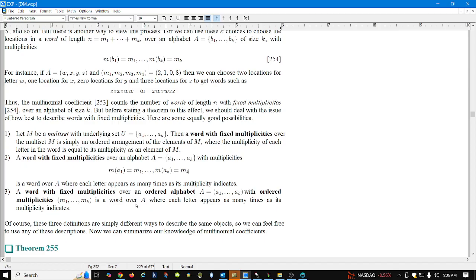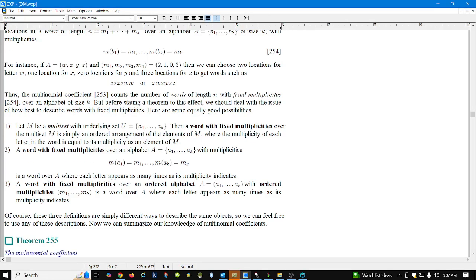And again, each letter appears as many times as its multiplicity indicates. I don't want to make a big fuss over this. These are three different ways to describe the same concept. They vary only stylistically. Sometimes it's easier to use one, sometimes it's easier to use another. Okay.